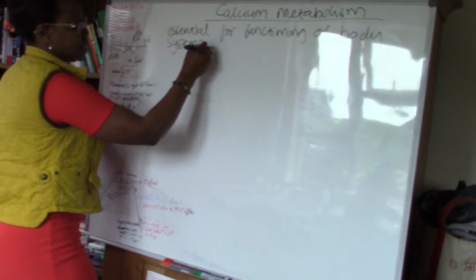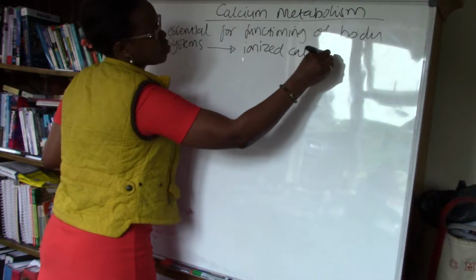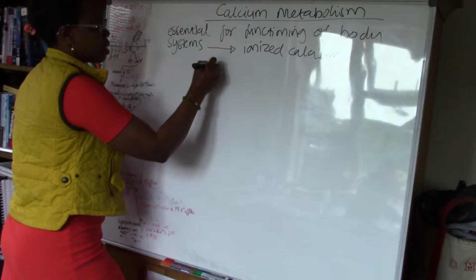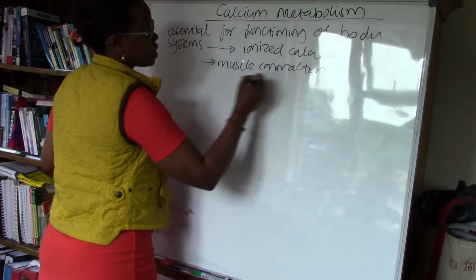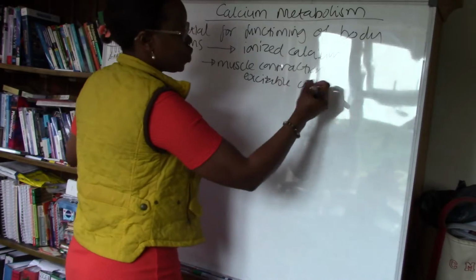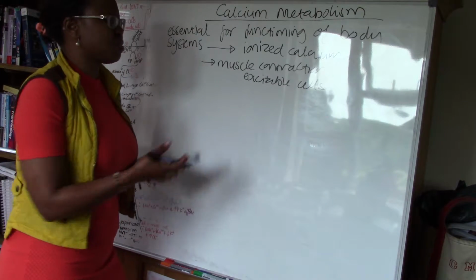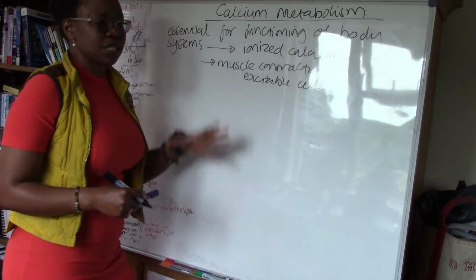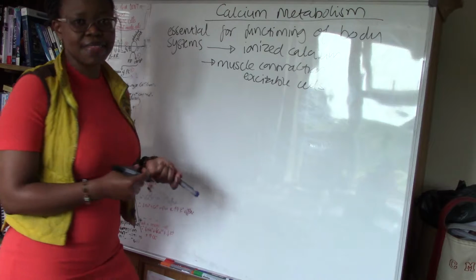And when I say essential, what I'm referring to is ionized calcium, which is used for many intracellular processes, such as muscle contraction of excitable cells, such as the cardiac cells, which I covered in cardiology, and skeletal muscles as well, when I talked about the sliding filament.